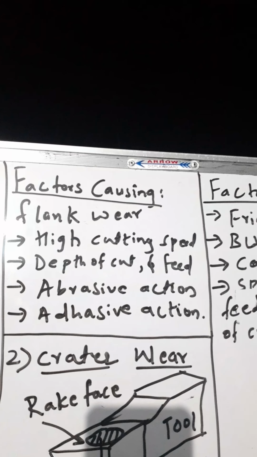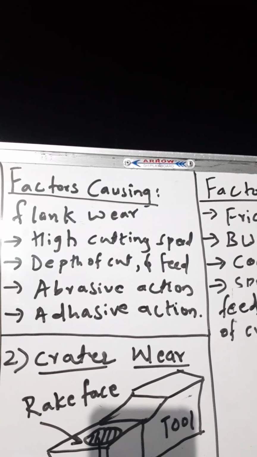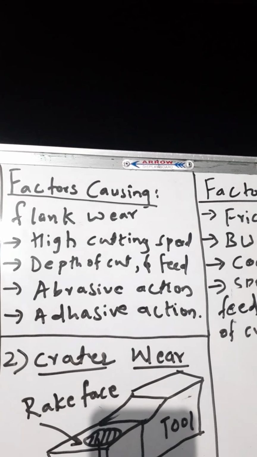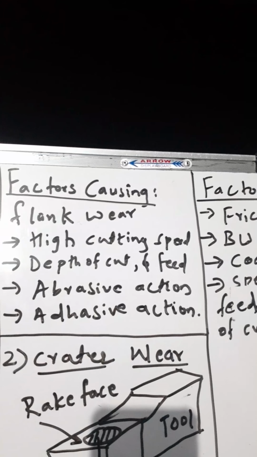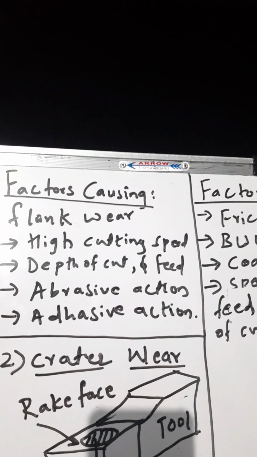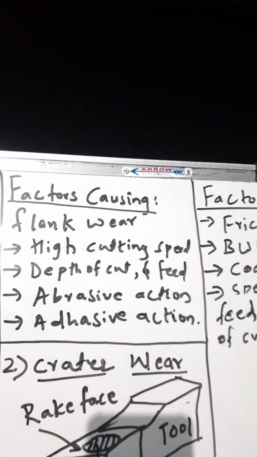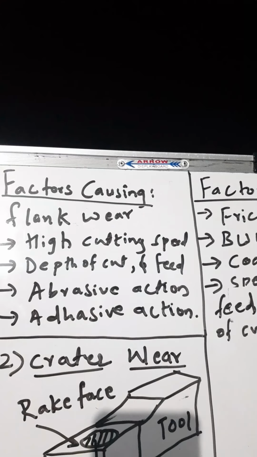So these powdered particles will start scratching the faces of the tool, and the faces which come in contact with these abrasive particles are called the flank faces, and therefore there is a loss of material on the flank face of the tool.